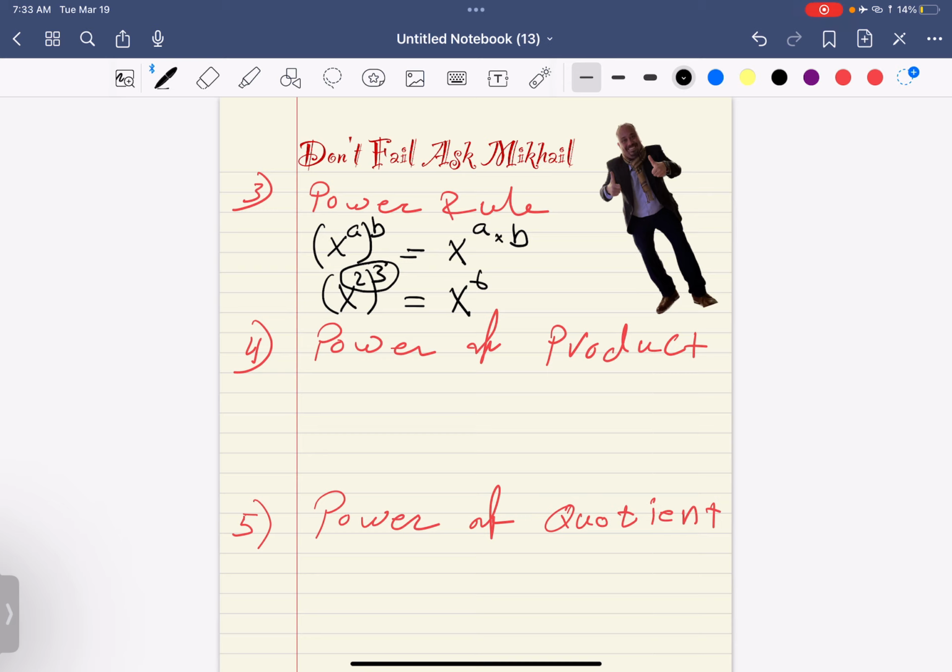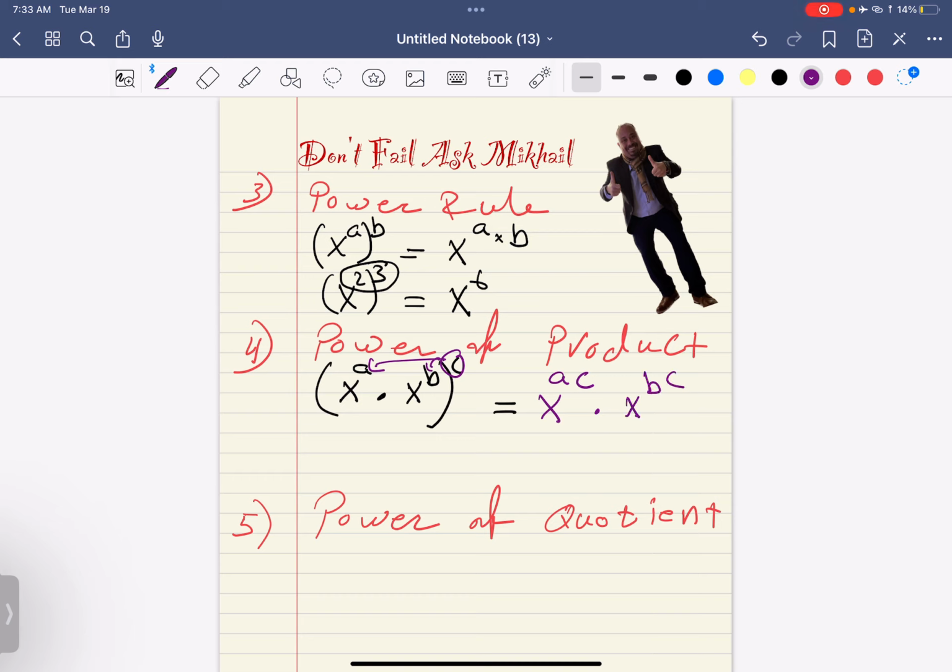The power of a product is when you have two things multiplied, like x to the a times x to the b, everything to the power c. The answer here is you take this c and distribute it to the a and the b, so it's going to be x to the a times c times x to the b times c.